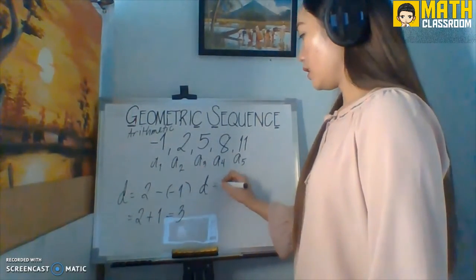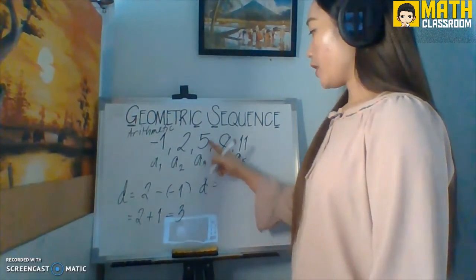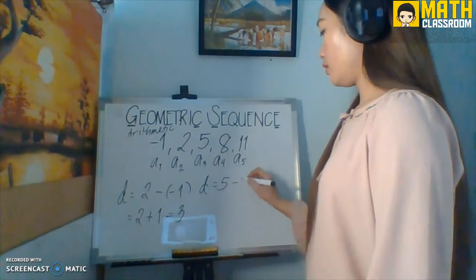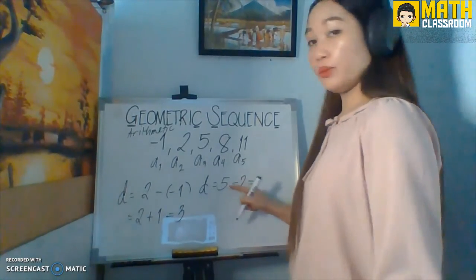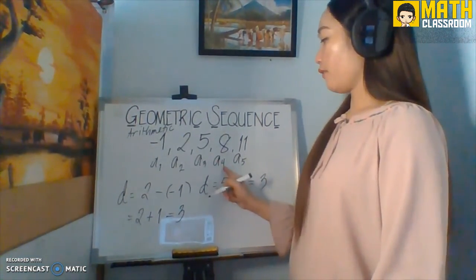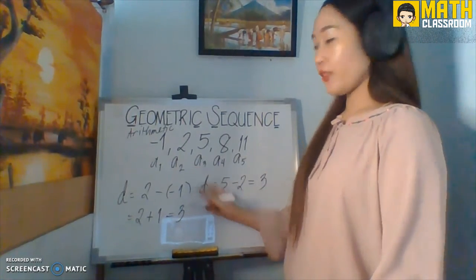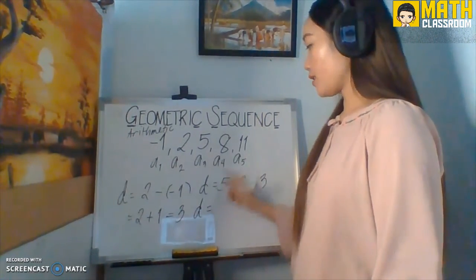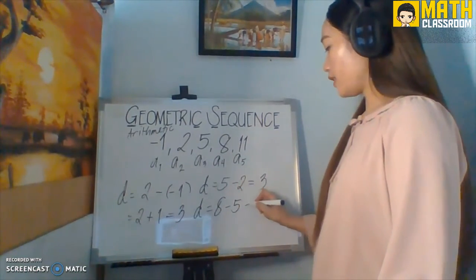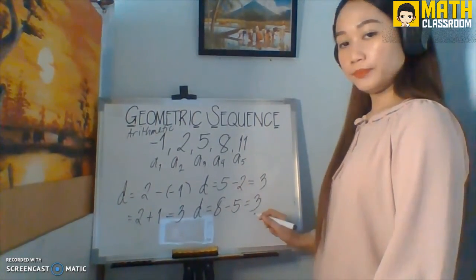So we have d equals a sub 3, which is 5, minus a sub 2, which is 2. 5 minus 2 is equal to 3. Next, a sub 4 subtracted by a sub 3. So d equals 8 minus 5. 8 minus 5 is equal to 3.